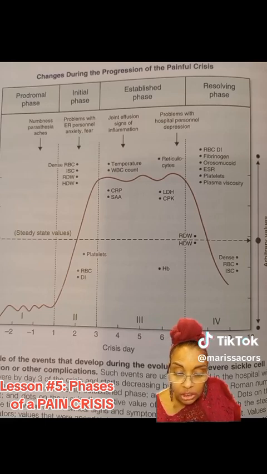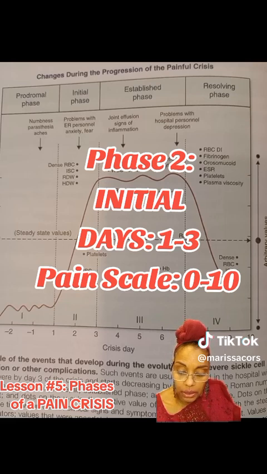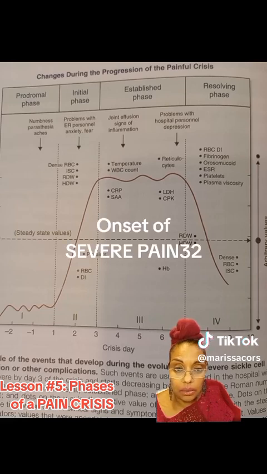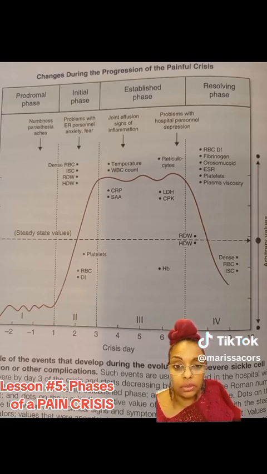Okay. The initial phase, now we're in day 1 to day 3. Pain scale goes from anywhere from 2 all the way to 10. During this phase, you will see a drop in your hemoglobin, your white blood count rise, and probably changes in the retic count.